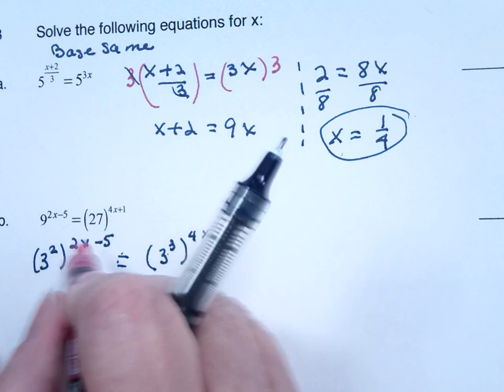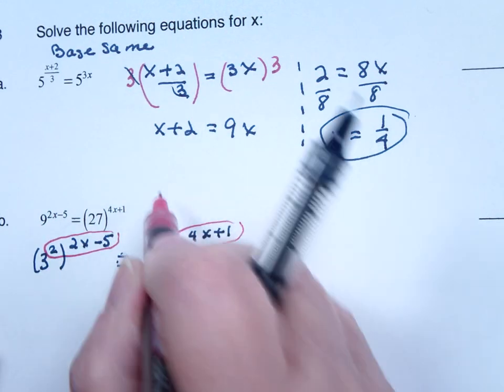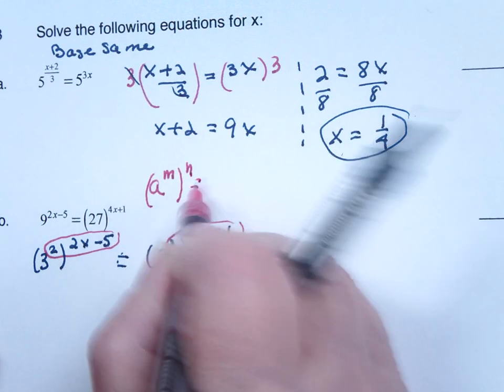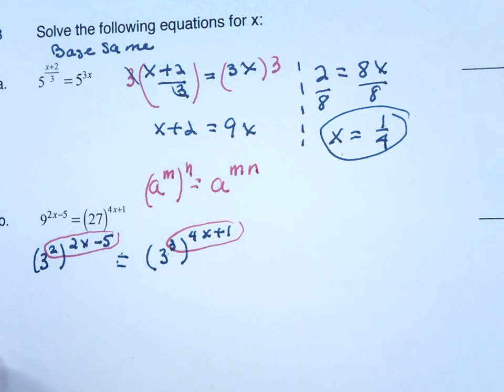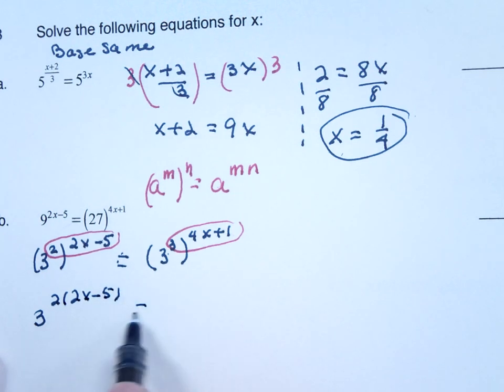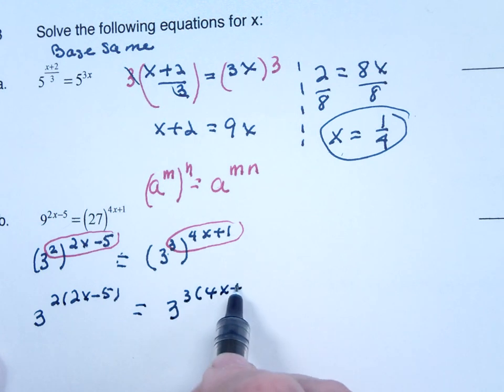Properties of exponents says you're going to multiply these two. That's the idea of a to the m to the n power is a to the m times n. So 3 to the 2 times 2x minus 5 equals 3 to the 3 times 4x plus 1.